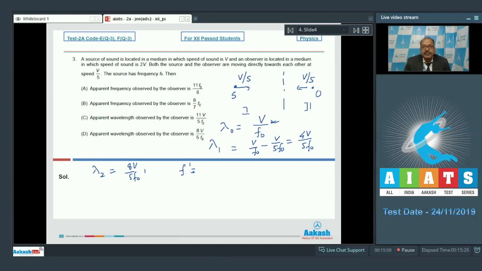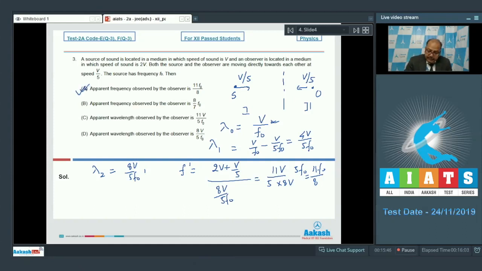So that relative speed of sound with respect to the observer in medium 2 is 2V plus V by 5, divided by the wavelength in that medium, and the wavelength we have just found is 8V by 5 F naught. Let's simplify this. This is equal to 11V by 5 into 8V by 5 F naught, and this value is 11 F naught by 8. So this is matching with option A.